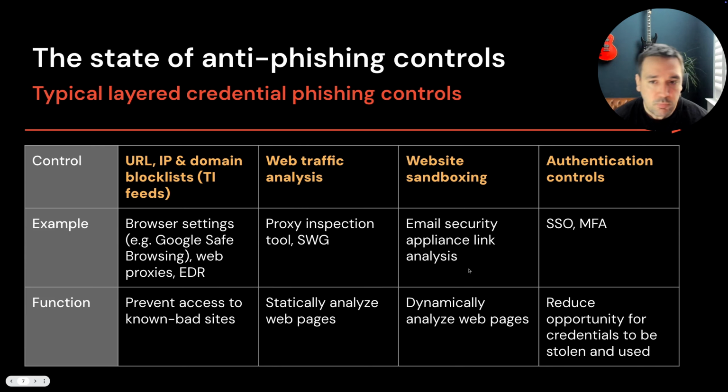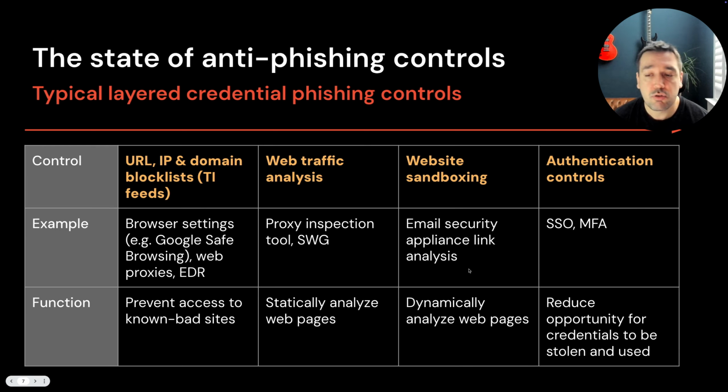The fourth thing is probably authentication controls. Now SSO and MFA weren't brought in 100% to deal with phishing only, but obviously it's a key aspect of them, in that they help protect against traditional credential harvesting focused phishing, particularly MFA.